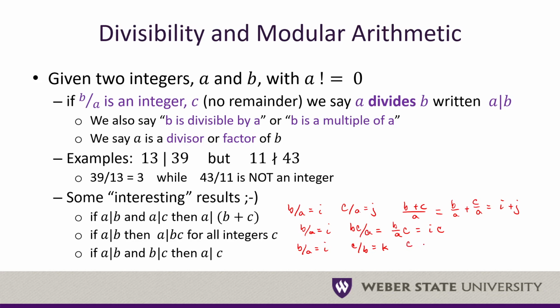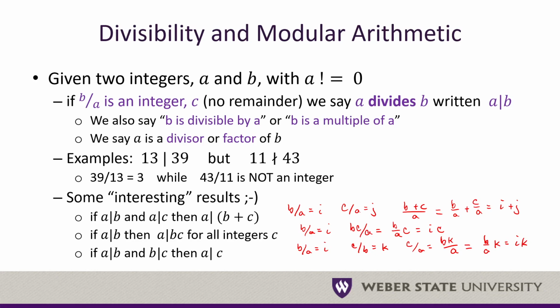C divided by A is going to equal BK divided by A, which will equal B over A times K, which will equal I times K. Okay.